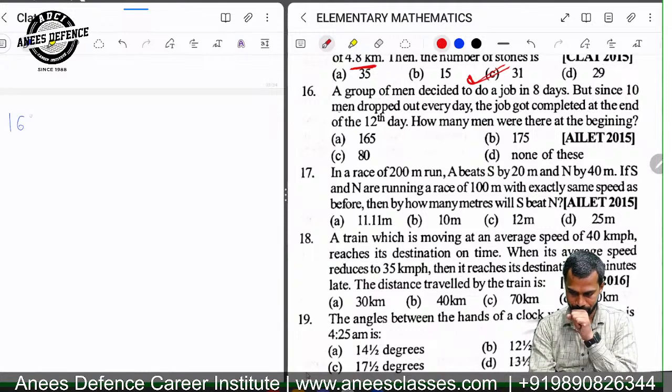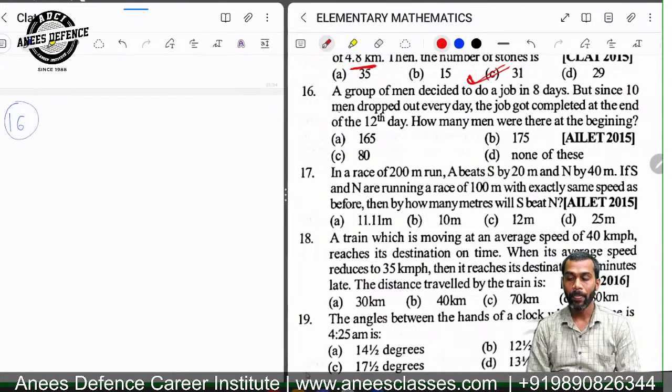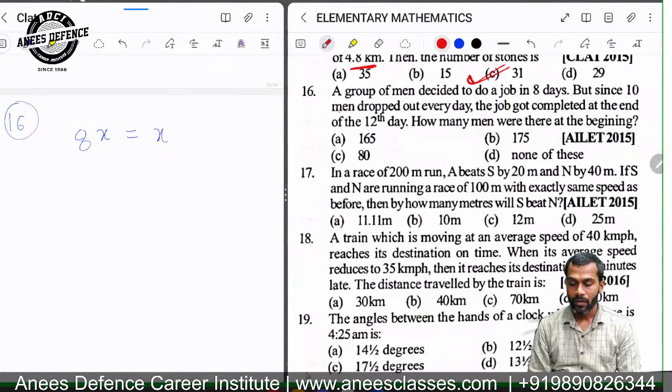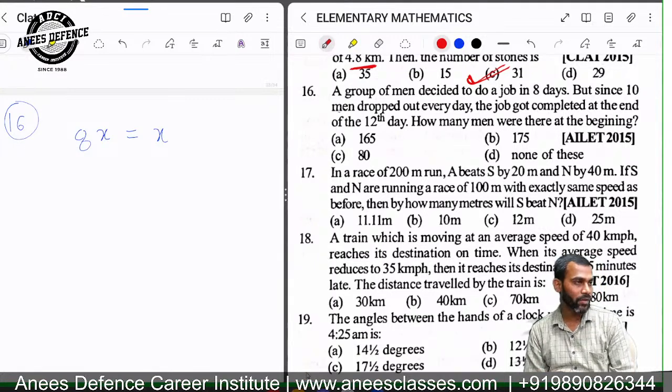See, question number 16. Let the number of men be x. So total work would be 8x. 10 men dropped out after every day. It means on the first day, how many men will work? x men.